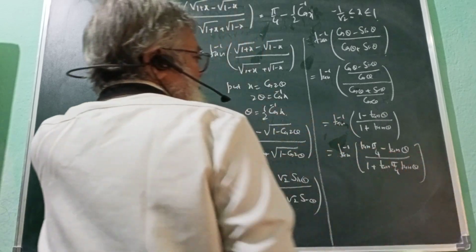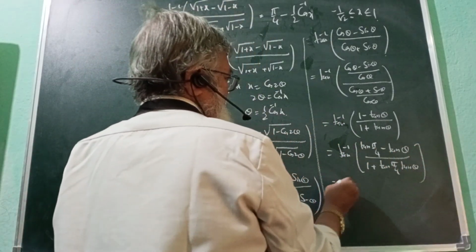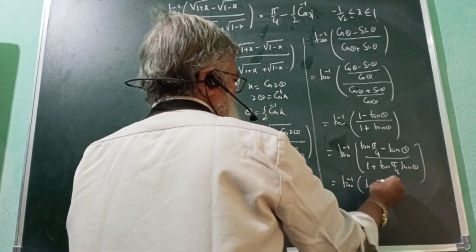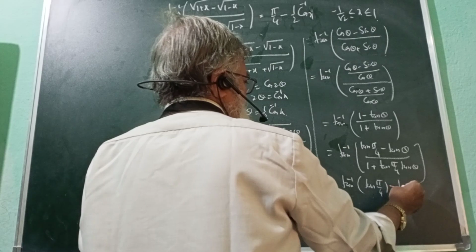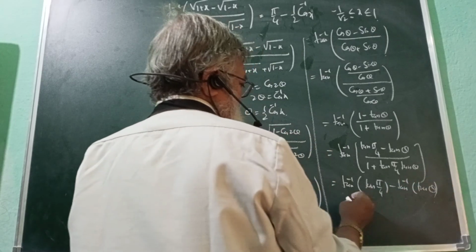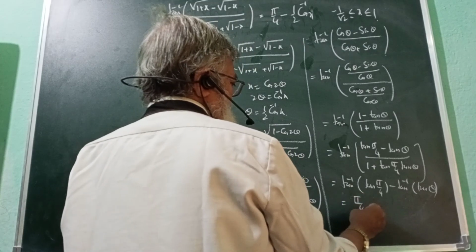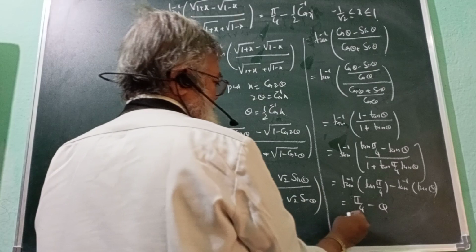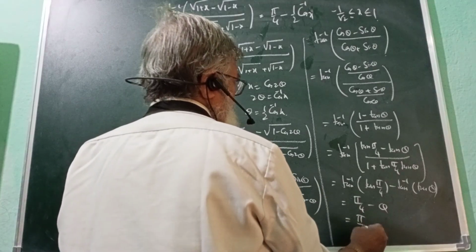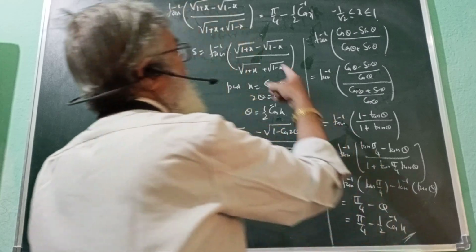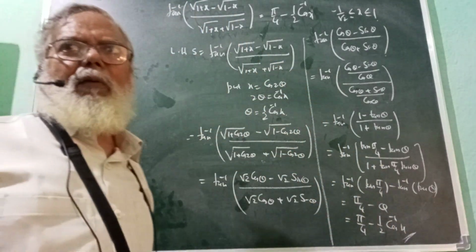See carefully, this is nothing but tan inverse of tan of, pi by 4 minus theta, that is pi by 4 minus theta. Write down the value of theta from this, that is pi by 4 minus 1 by 2 cos inverse x. That gives the required answer of the problem.